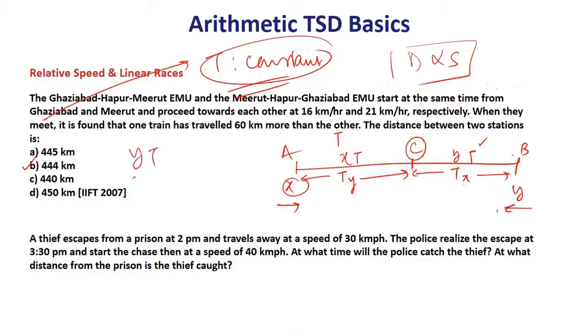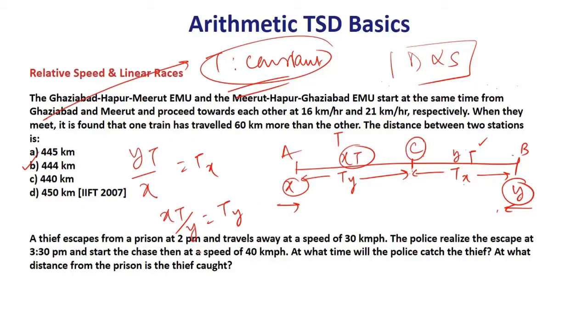So y into t divided by x is Tx, and the second person, who's traveling at speed y, will travel xt at his own speed and will take Ty time.